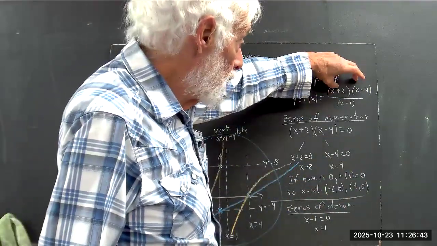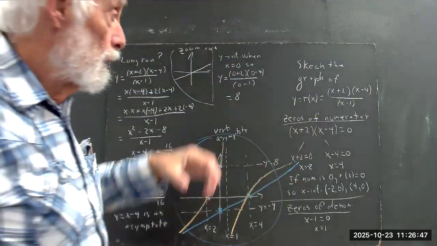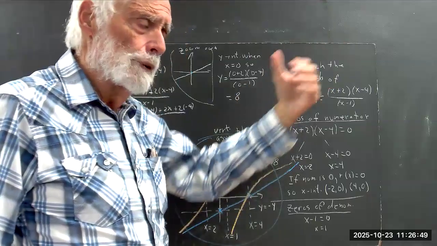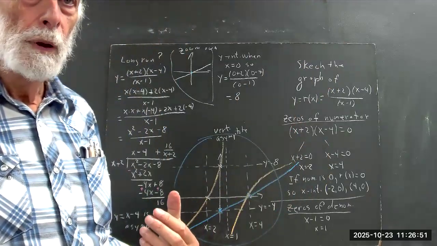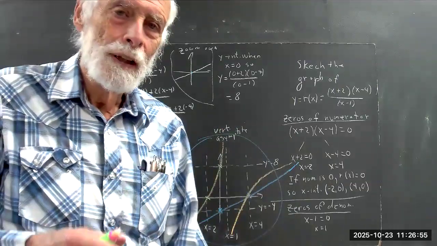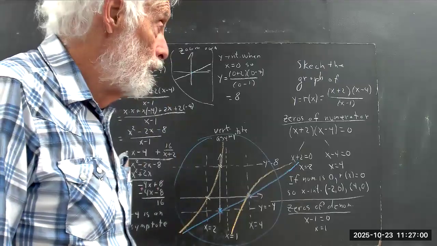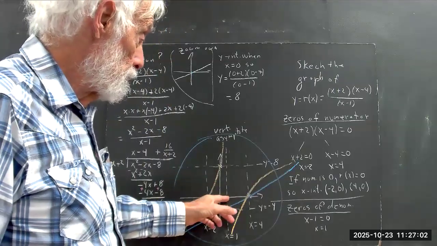So it's like you've got -9 over x minus 1. What's the graph of -9 over x minus 1? Well, it's just a vertically stretched graph, reflected around the x-axis because of the negative, and shifted 1 unit to the right.